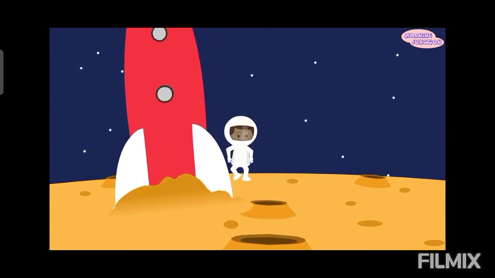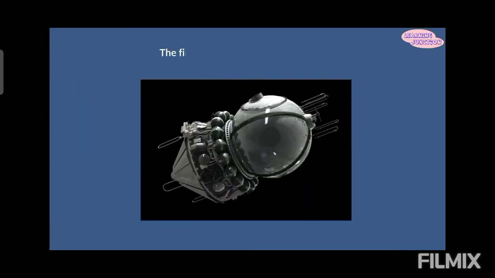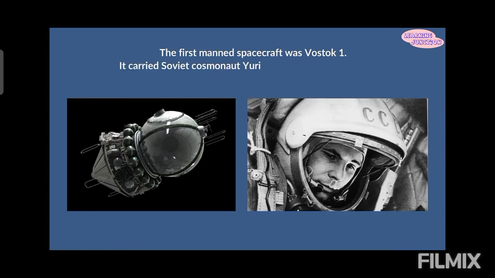And astronauts use spaceships and rockets for traveling from Earth to space, as well as from Earth to other planets. And this is the first aircraft that has been designed, and the first person who traveled in space.